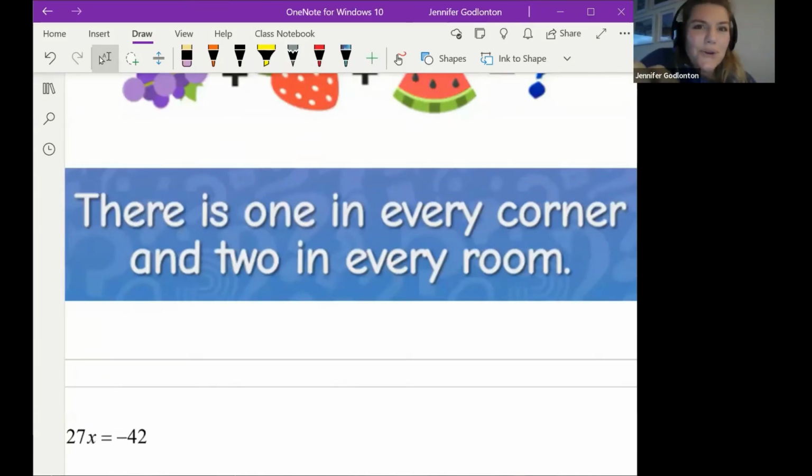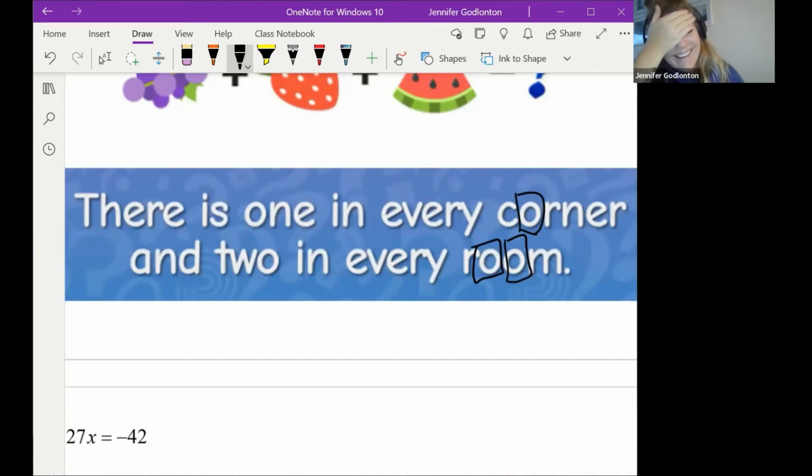For those of you who missed the genius that is Amber, the answer is O, because there is 1 in corner and there are 2 in room. It's not a circle, Alvarez, it's the letter O. Yeah, I agree, Eric. Amber should be teaching the English classes next term.